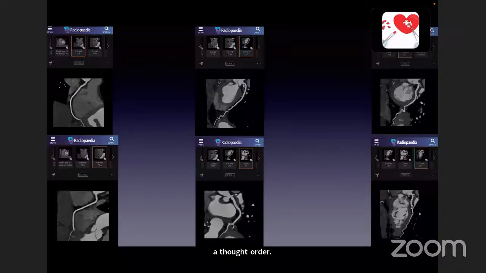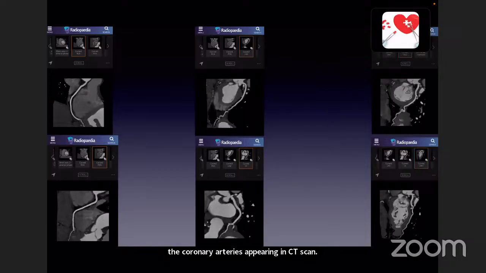And here are some pictures of the coronary arteries appearing in CT scan. From the right coronary, LAD, left circumflex.